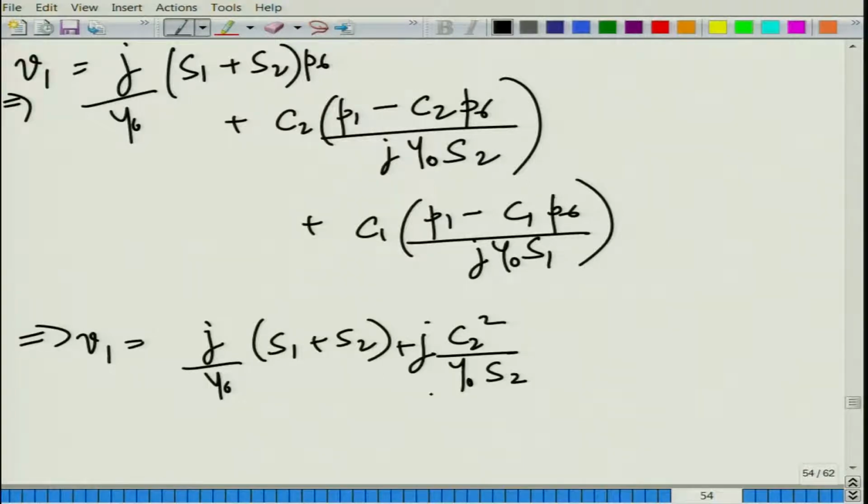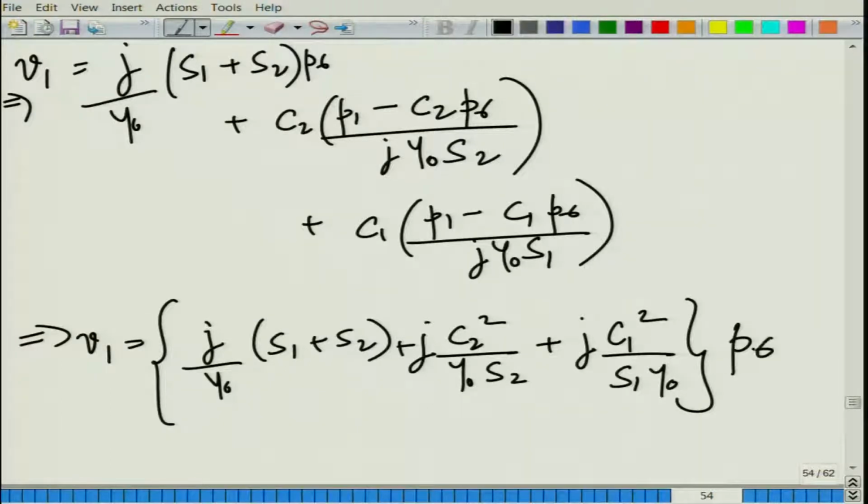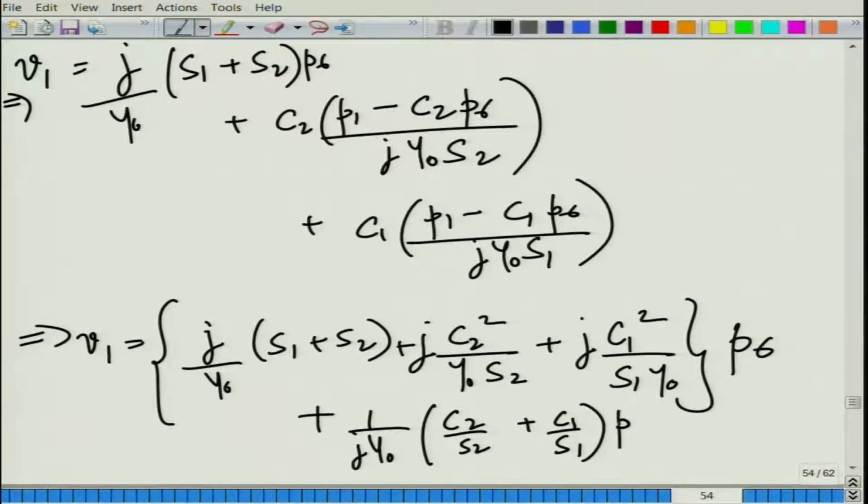This can be simplified further, and plus you also have j C1 square by S1 into Y naught. The entire thing is multiplied by P6. Okay, that you get. Now, plus you have j Y naught, which can be taken common, and C2 by S2 and C1 by S1, and this is P1. Okay. So, we are going to get these expressions.